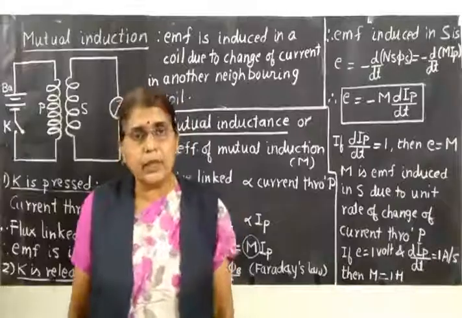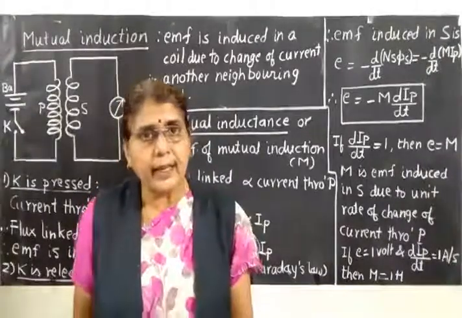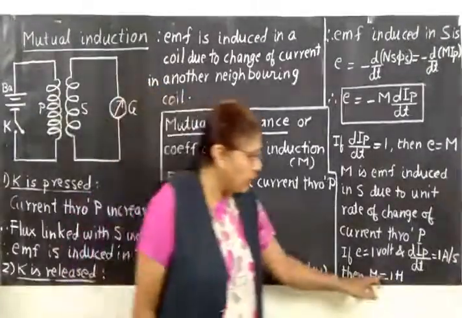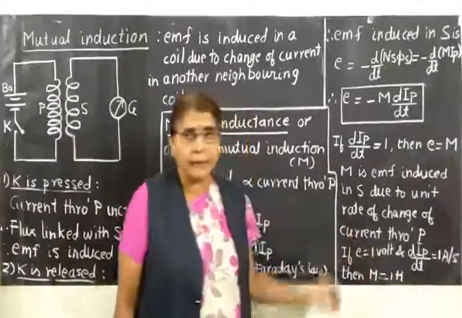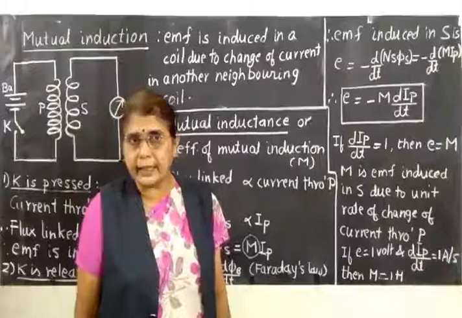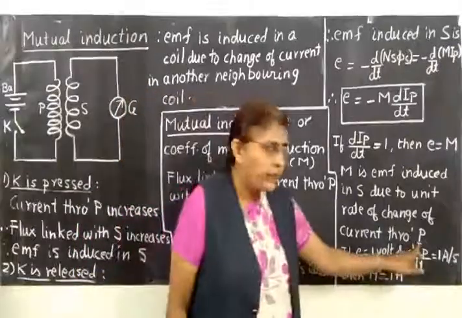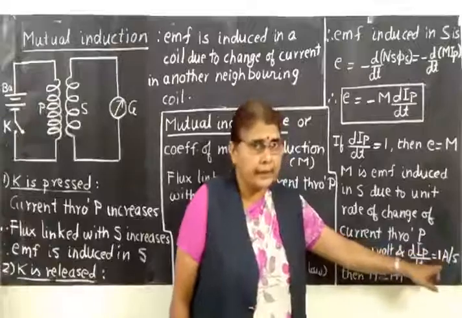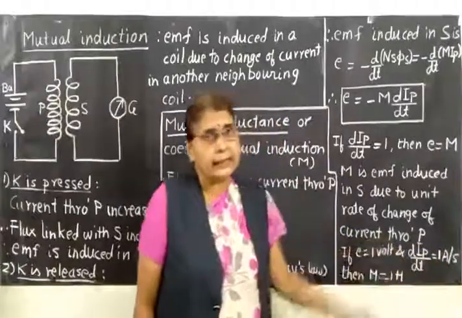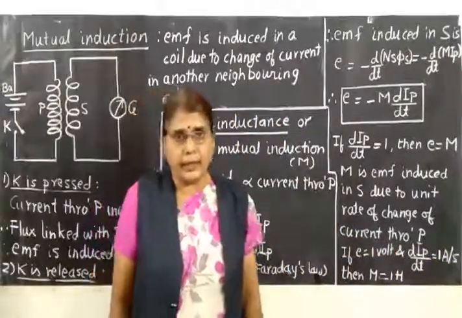So when is the mutual inductance said to be 1 Henry? The mutual inductance is said to be 1 Henry if 1 volt of EMF is induced in the secondary coil when the rate of change of current through the primary coil is 1 ampere per second. So this is the SI unit of mutual inductance.